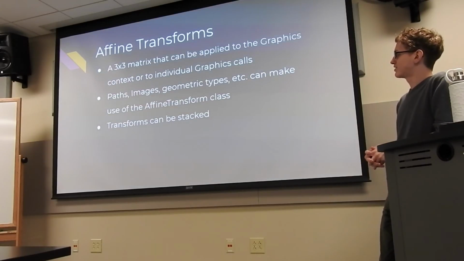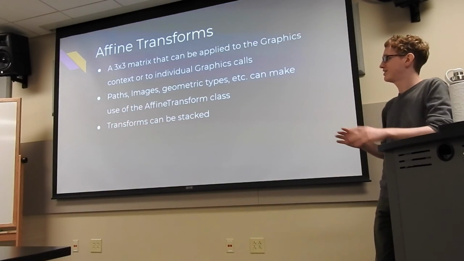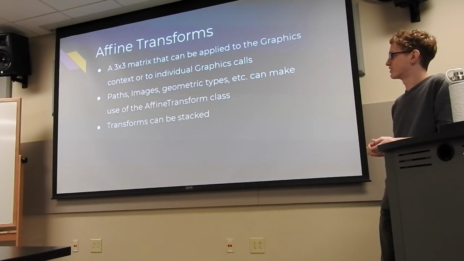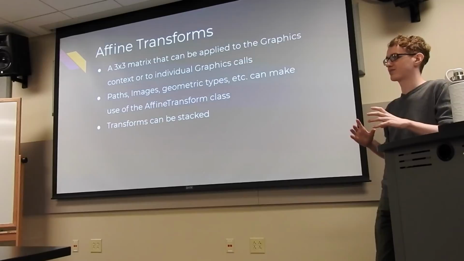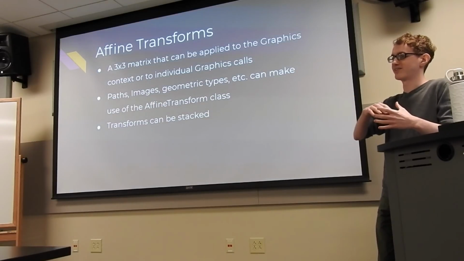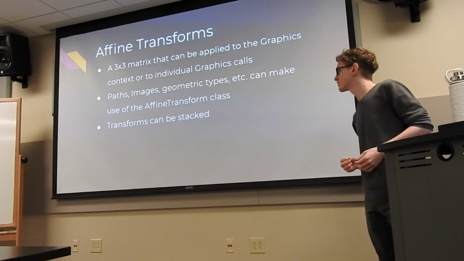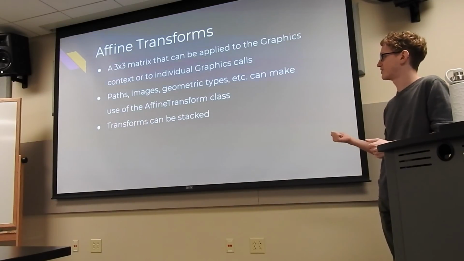That can get a little bit cumbersome if you're doing something like drawing an image and you only want the image rotated, that would be a little bit overkill, because once you add that transform to the graphics context, it's basically there until you reset the graphics context state. And that basically is what I mean when transforms can be stacked.